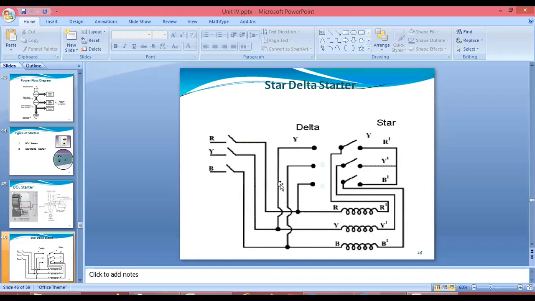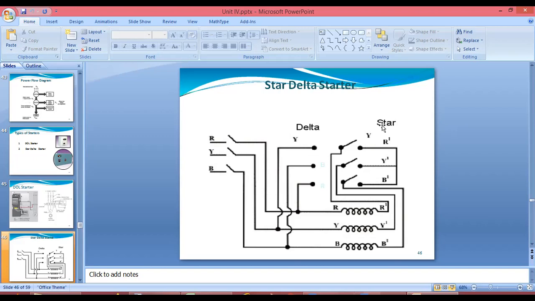And if this winding is reconnected as a star, if you see for these connections here, what we are saying here, when star means what?